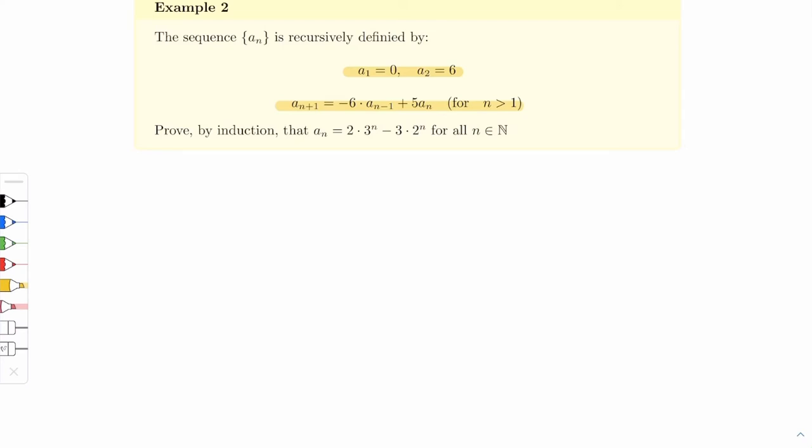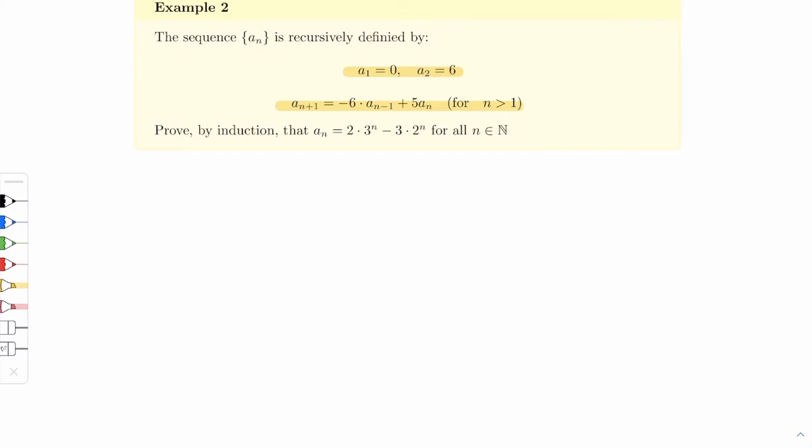Because your a_(n+1) depends on the term before and the second term before. Okay, so a_(n+1) depends on a_n and a_(n-1). That's a recursive sequence. In this case, you know that you need strong induction.